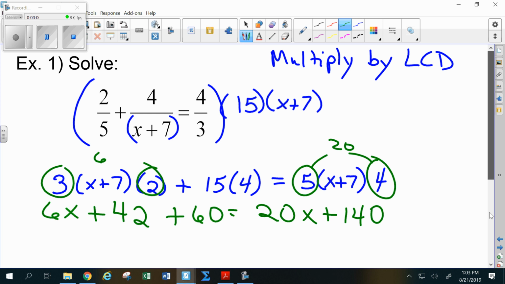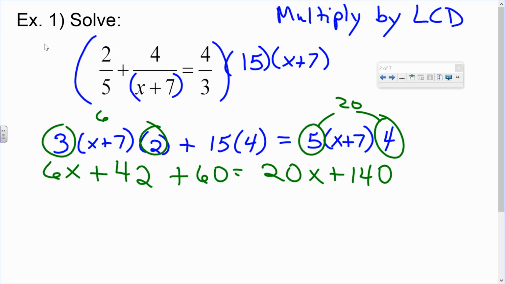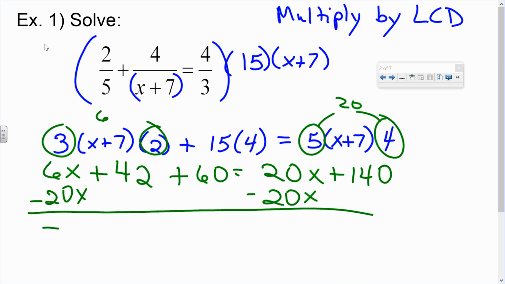And most of you have stopped writing, so everybody, what have you gotten? Negative 19 over 7 is what I'm hearing. Let's see if I can catch up and also get that. So let's see, if I subtract my 20x on both sides, I have negative 14x.